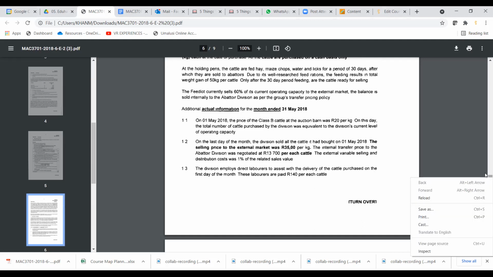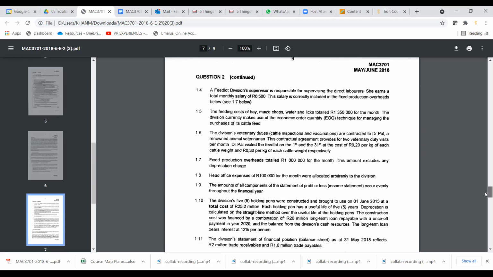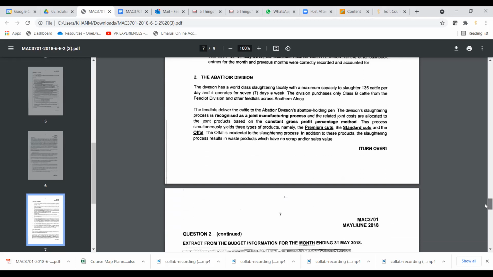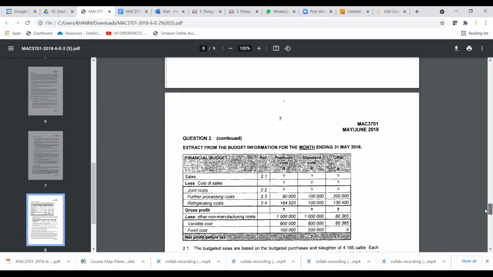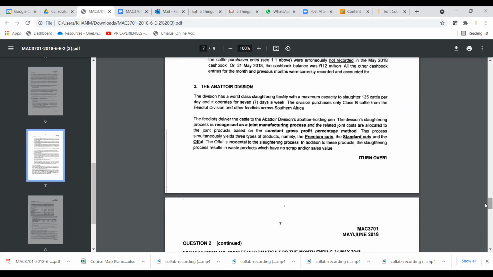So I'm just going to skip right ahead. We may need some more information, but we'll go look for that once we do need it. Let's just read this half a page for point number 2. Here we have the abattoir division.